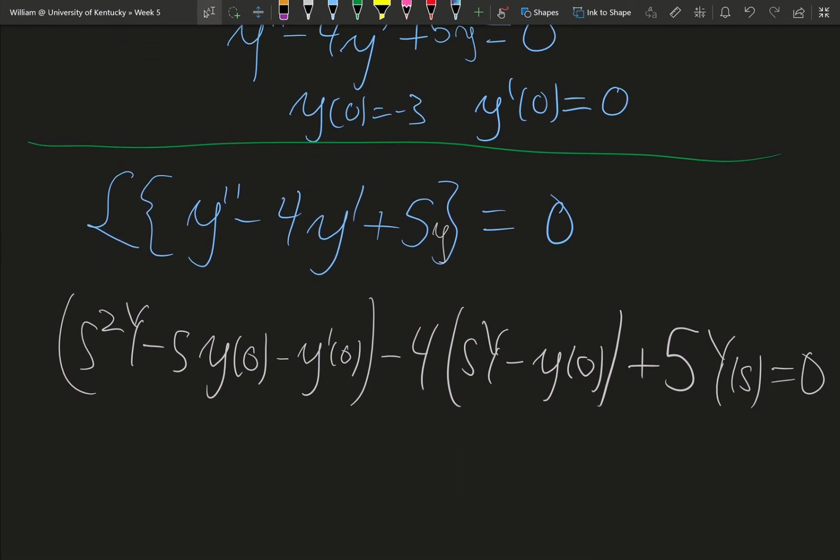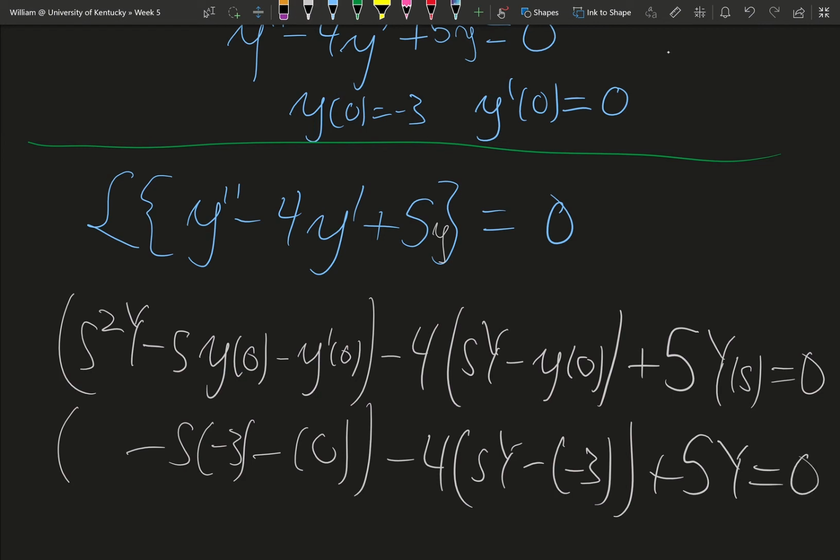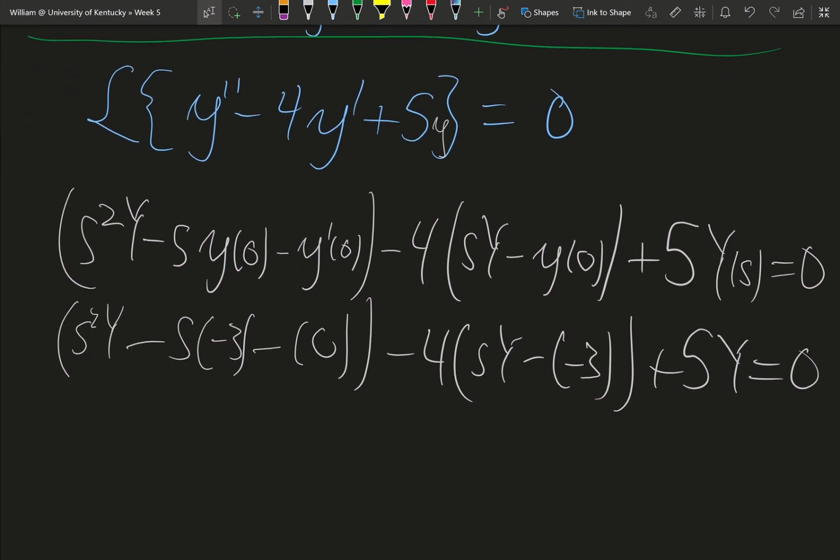Now we want to plug in our different values. So s squared Y minus s times negative 3 minus 0 minus 4sY minus negative 3 plus 5Y. Forgot my capital Y here. And we want to combine all of the terms.